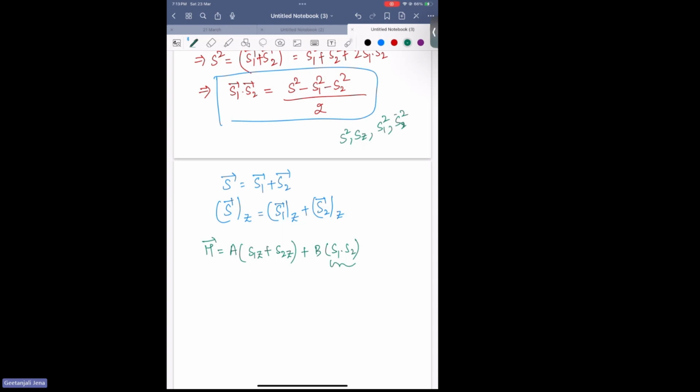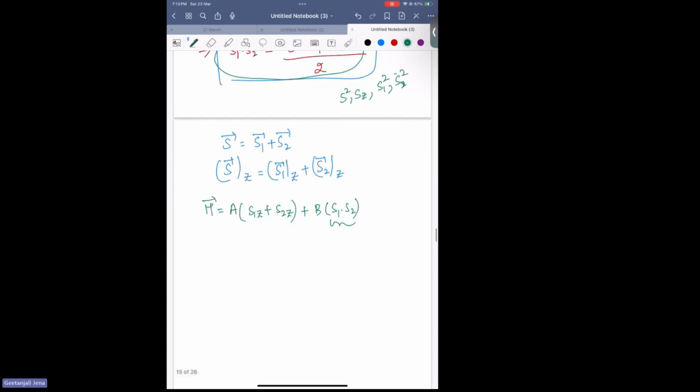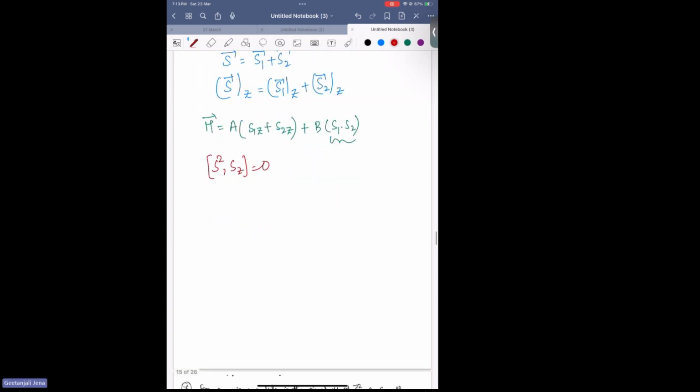That's why I have expressed S1 dot S2 in terms of operators whose eigenvalues are known to us, right? So S square and Sz commute with each other, which means you can take a simultaneous eigenstate of these two operators. Let's represent it by |S, MS>.